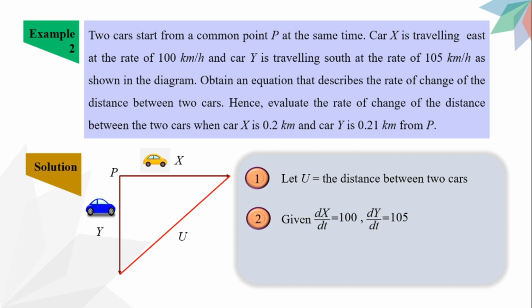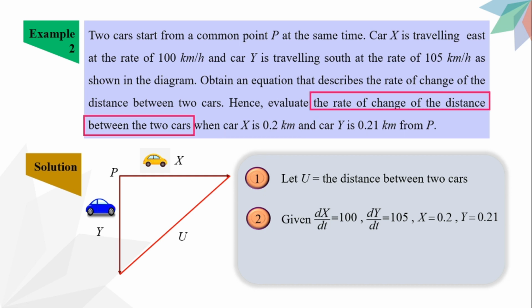We are also given the distance of car X and car Y. They are x equal to 0.2 and y equal to 0.21. The question asks us to find the rate of change of the distance between the two cars, and this can be written as du/dt.